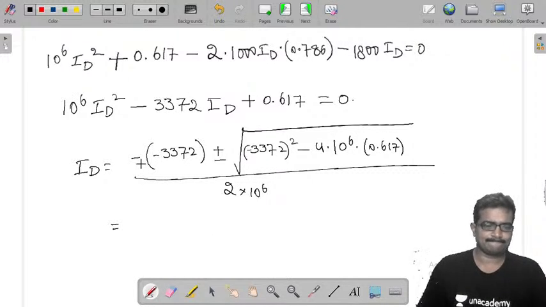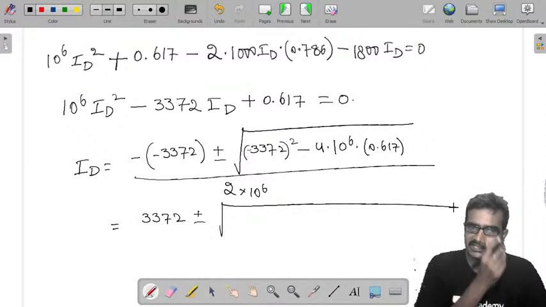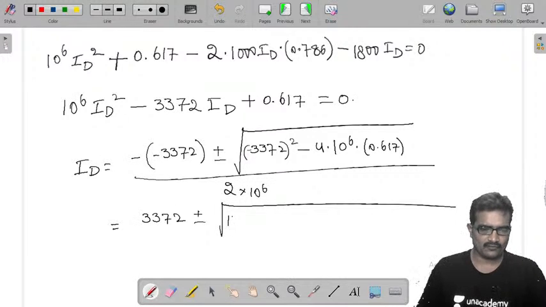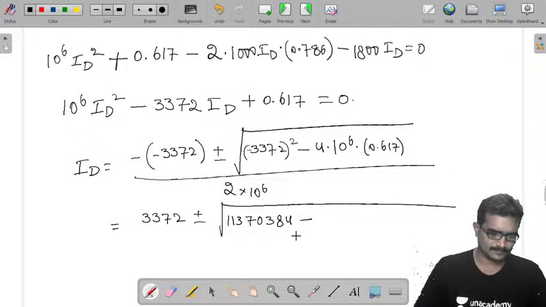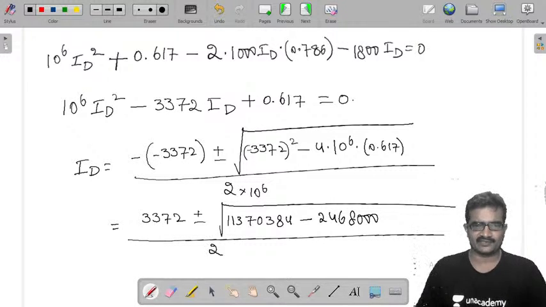So now it is minus into minus plus, so it is 3372 plus or minus square root of 3372 whole square, that is 11370384, minus 4000 into 617, that is 2468000, divided by 2 into 10 power 6.